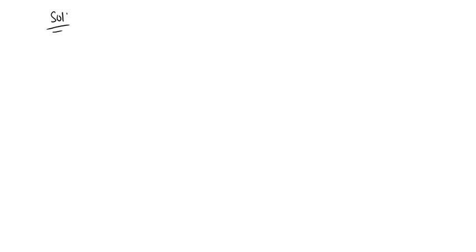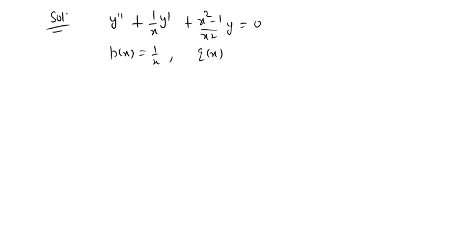So firstly we write the standard form, so make the second derivative free: y double prime plus 1 by x y dash plus ... So what is p x here? p x is 1 by x and q x is (x square minus 1) upon x square, and you can check that x equal to 0 is a singular point, and limit x goes to 0, x p x is finite, and also x square q x.